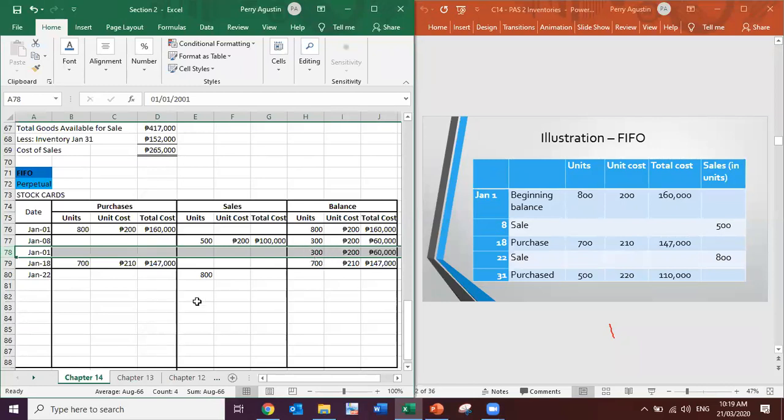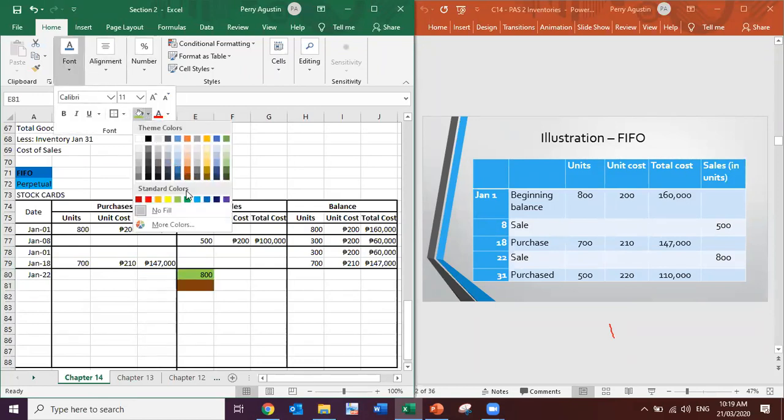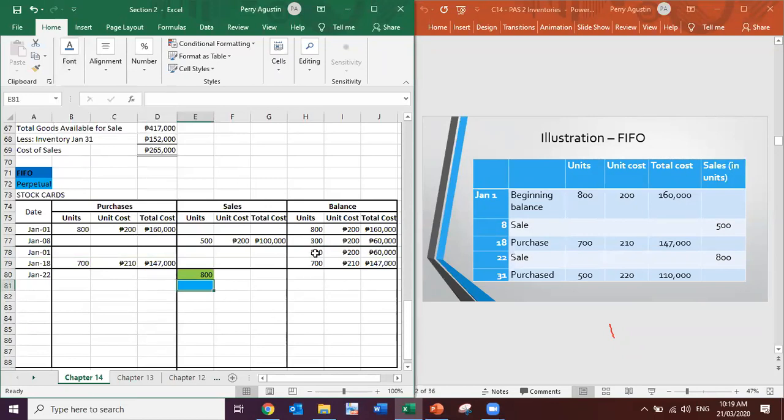Mabebenta siya muna. So ibig sabihin, let's just put a color here. Let's put blue. Okay. So saan siya unang ma-apply? Doon sa 300. Kasi nga, siya yung unang binili. 300. But how much? 200. So we multiply the two.